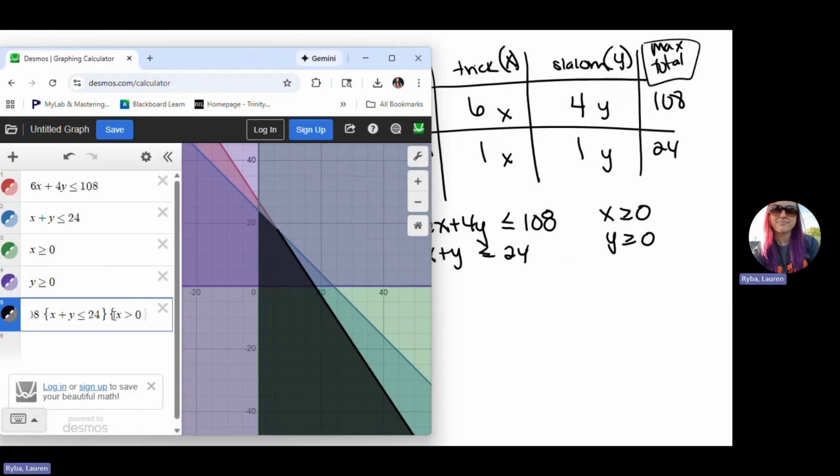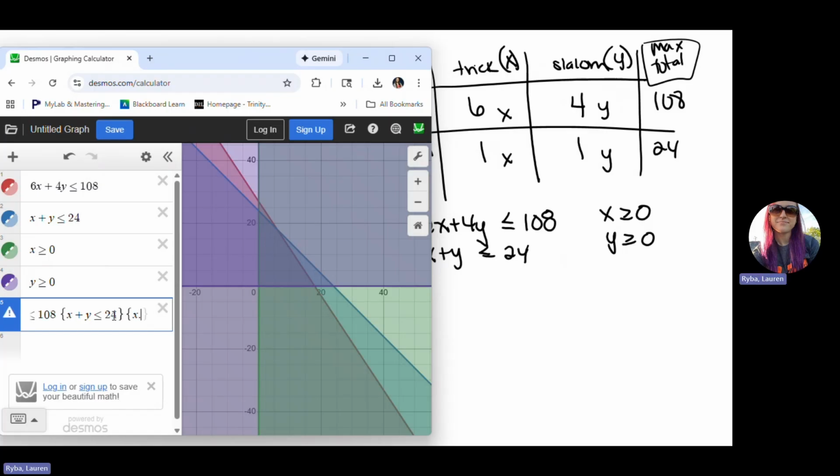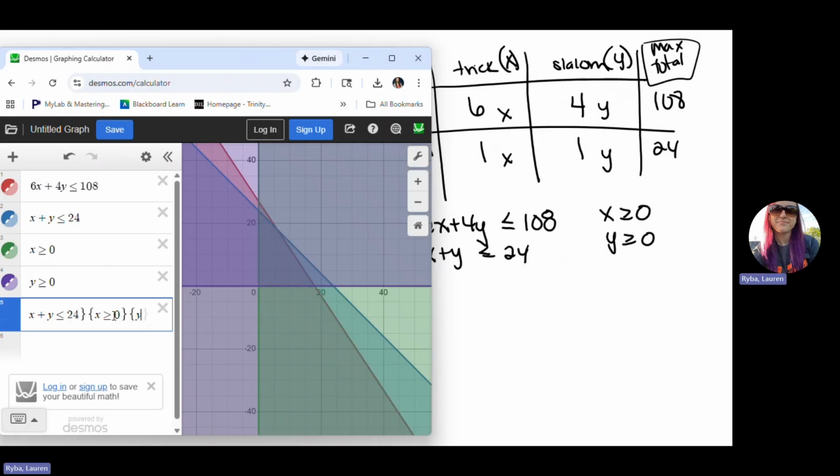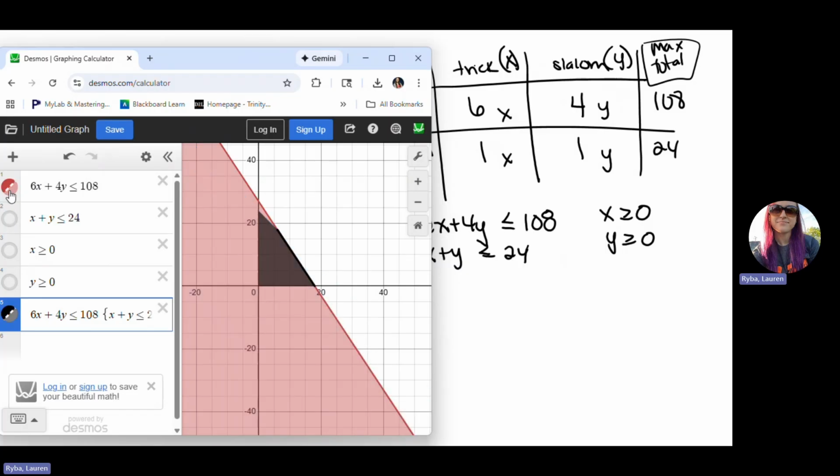X greater than or equal to 0. Y greater than or equal to 0. And then you can see that really, really dark shaded region is the final solution there.